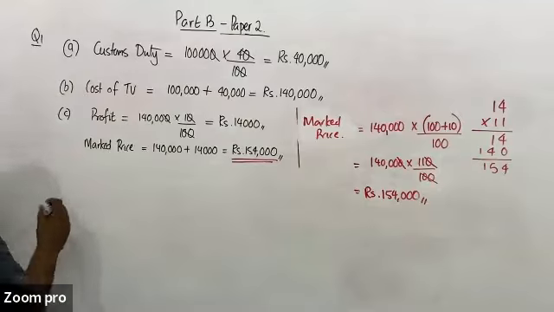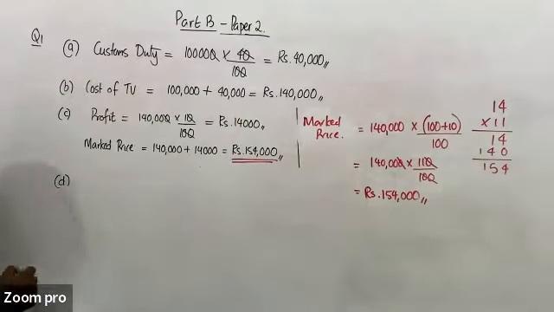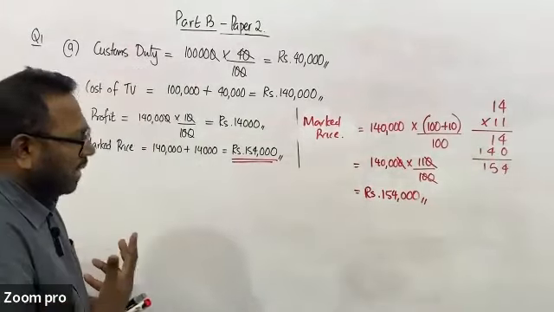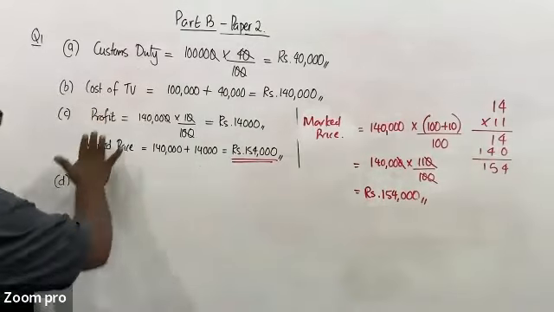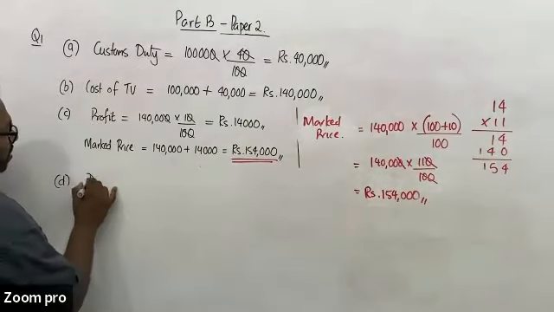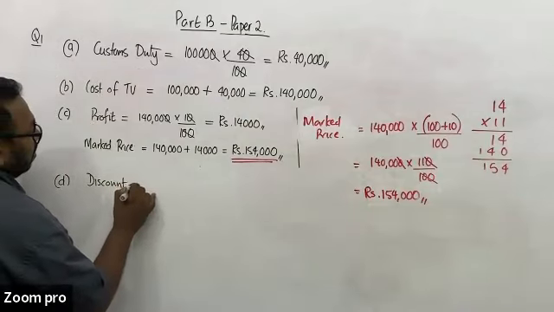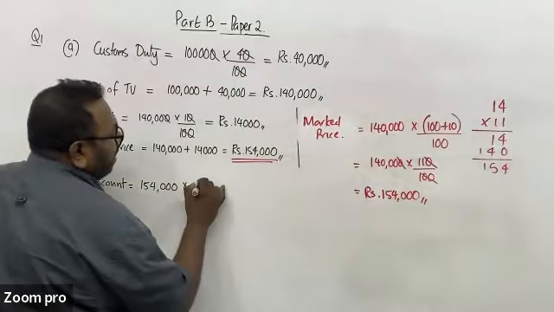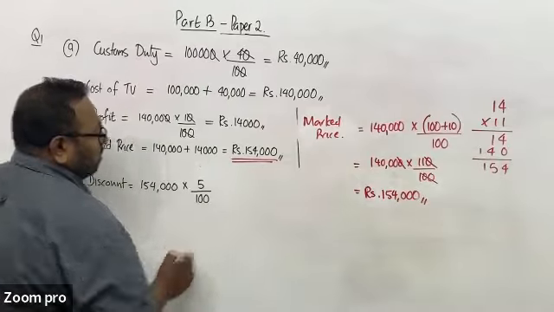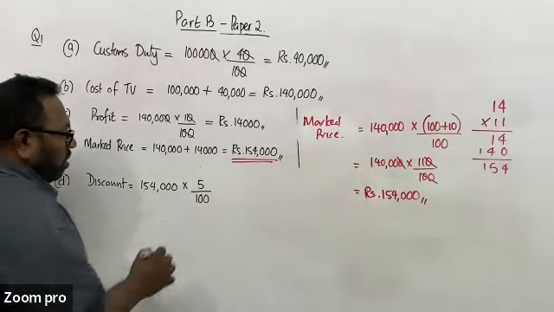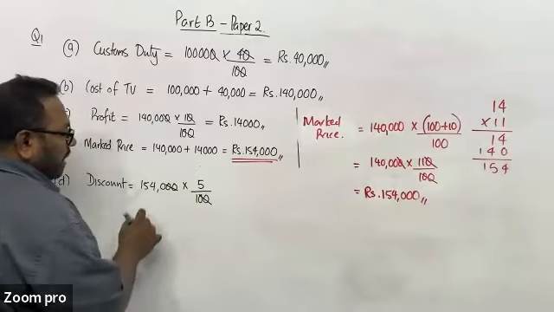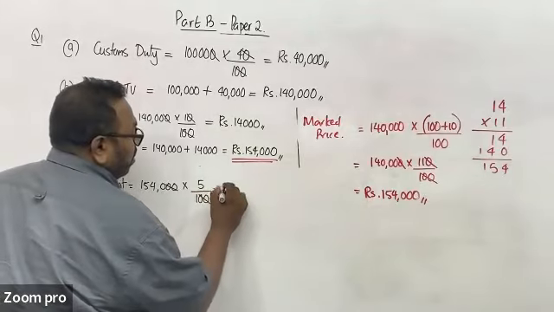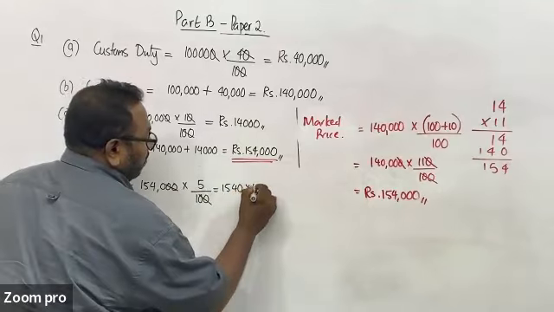Okay, B. Now they're asking you what is going to be the new selling price while you're giving a 5% discount. Okay, so we'll again do it in two ways. First, we'll calculate the discount amount. So what is the discount? Discount is 154,000 into 5%. 5% is 5 over 100. Okay. So two zeros cancel. 1,540 into 5. 1540 multiplied by 5.